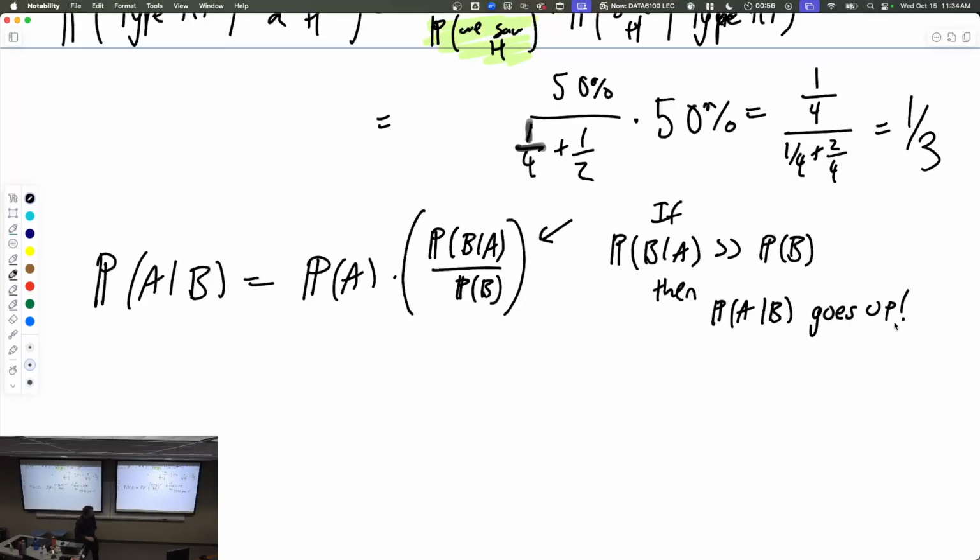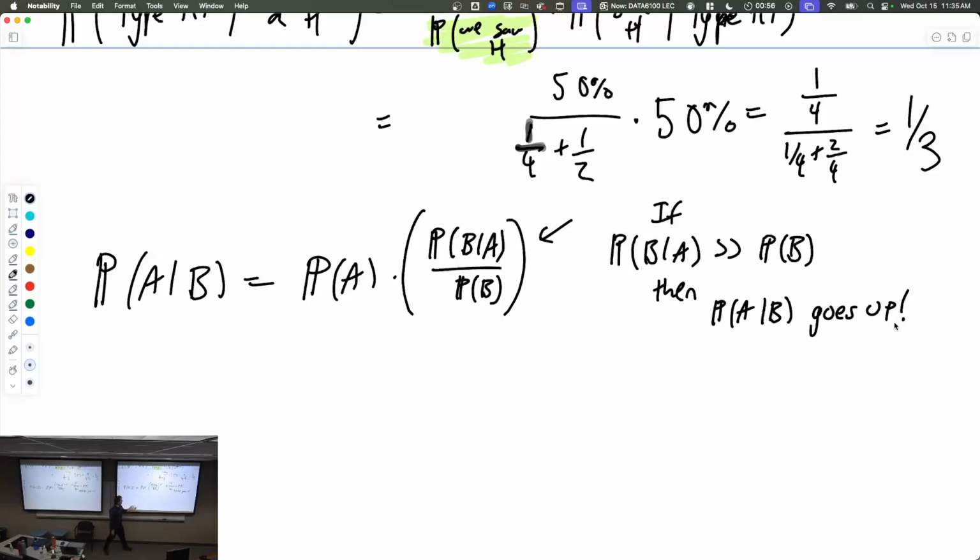So in other words, B is what we're given, so you observe B, and if B given A is much more likely than B happening on its own, then the probability of A goes up relative to what it was before.